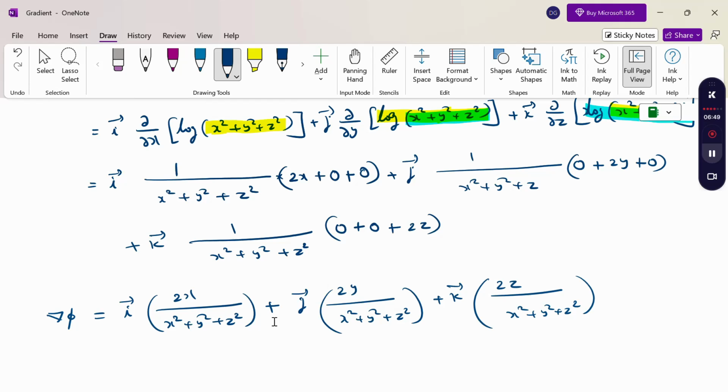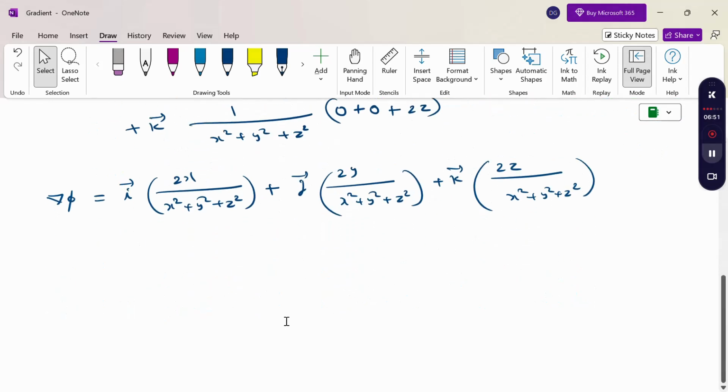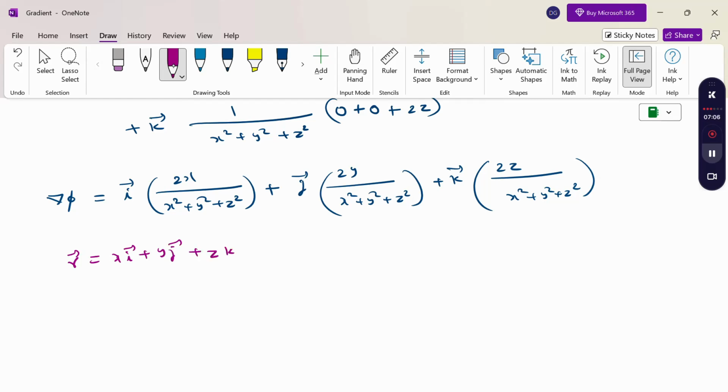And before that, see here, generally this term we consider. What is the r vector? The r vector is nothing but x i vector plus y j vector plus z k vector. And then to find the r vector modulus, when taking the r vector modulus, it comes as the square root of (x square plus y square plus z square).